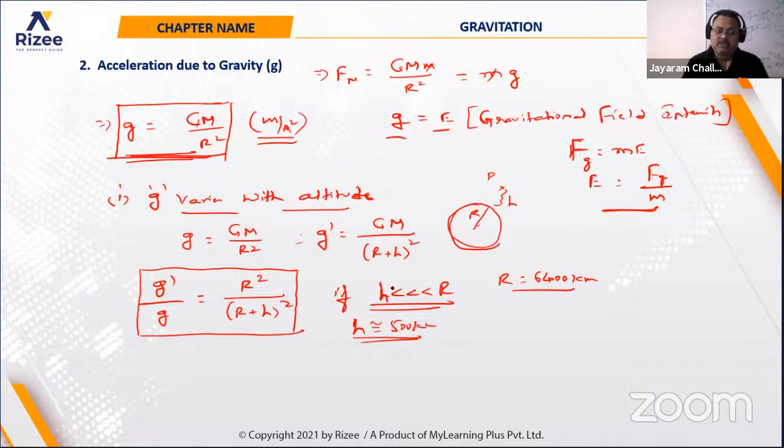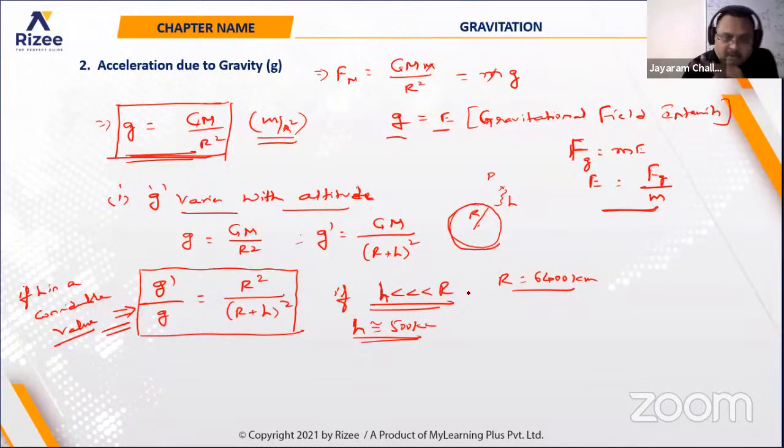If H is very small in this case, then you have to go for another relation. Or if H is a considerable value, then use only this formula, please. Don't confuse yourself. If H is very small, then what do we have to do?